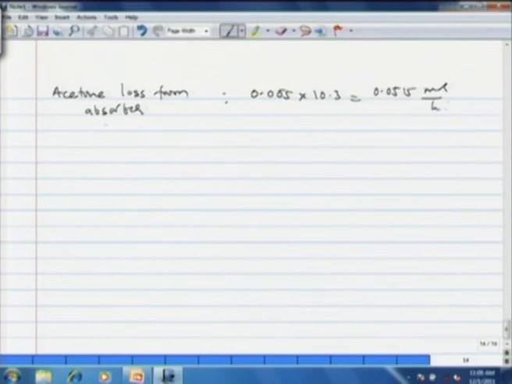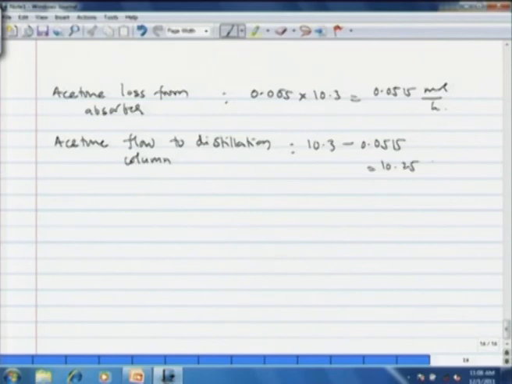Okay. Now, the acetone flow to distillation column would be 10.3 minus this loss, which is equal to approximately 10.25 mole per hour, and out of this acetone the recovery in distillation column is again 99.5%.